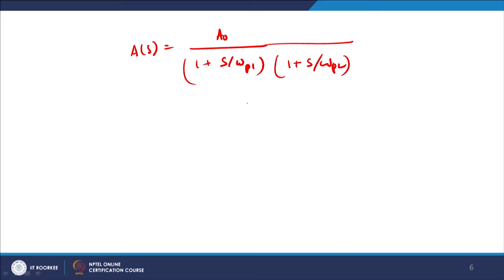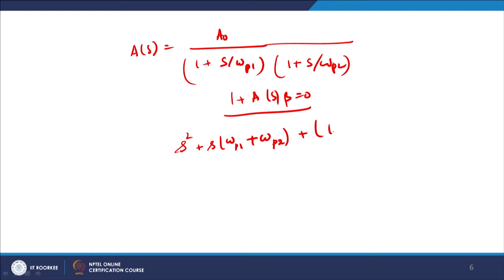Then I can write down s square plus s into omega p1 plus omega p2, plus 1 plus a0 times beta into omega p1 into omega p2. This must be equal to 0. If it is 0, then you automatically get this function to be high.